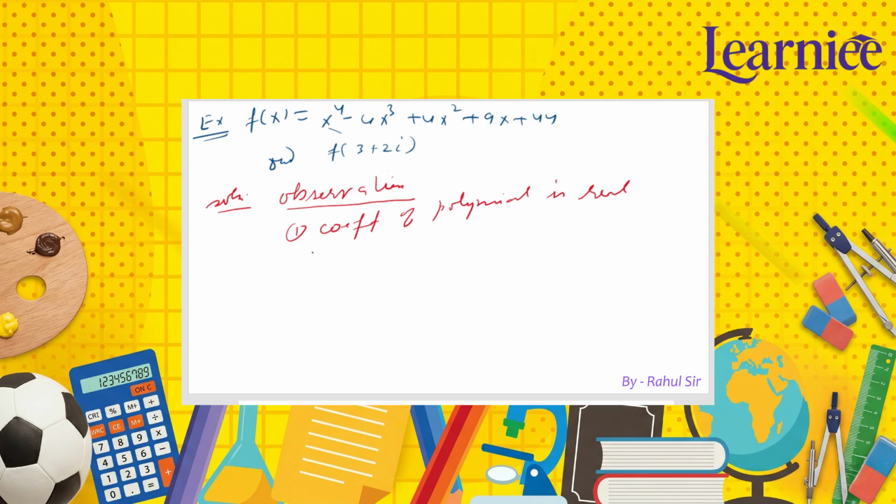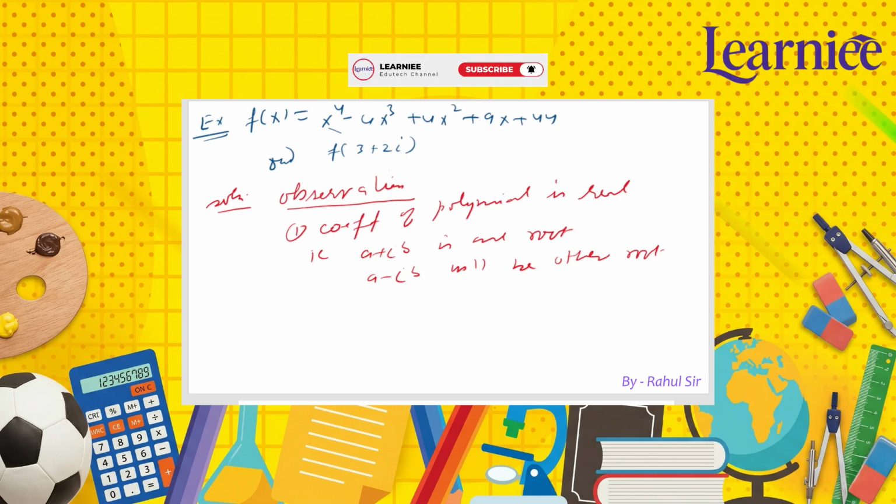That means if a plus ib is one root, then a minus ib will be the other root. So if the coefficients of the polynomial are real, then if one root is complex, the other root will be its complex conjugate. Got it? So now it's easy.